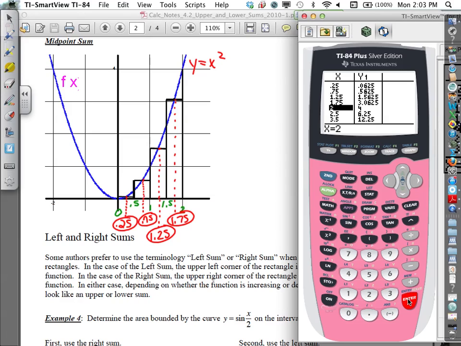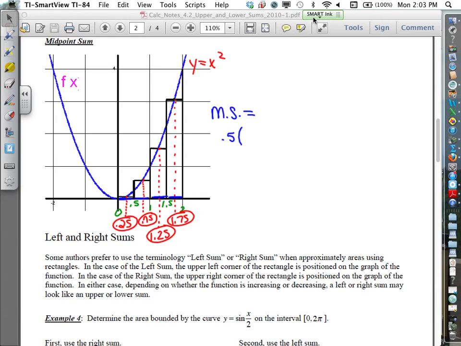Tell me about the base for all of these, though. What's the base for all of these rectangles? 0.5. Still 0.5, right? We're still using a base of 0.5. So I have 0.5. Get that out of the way for my base.